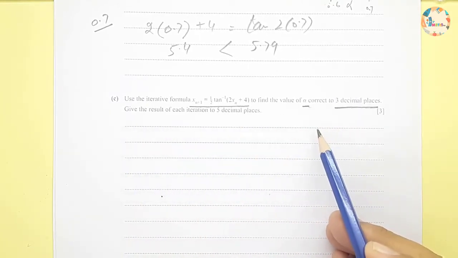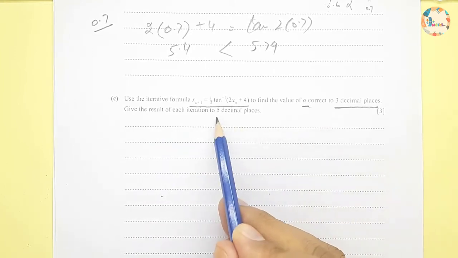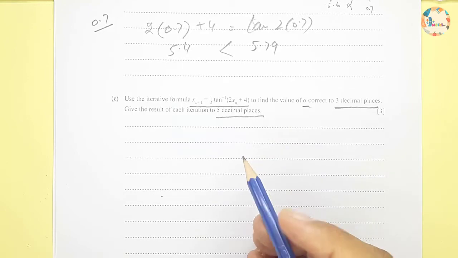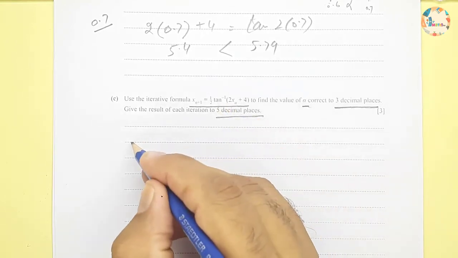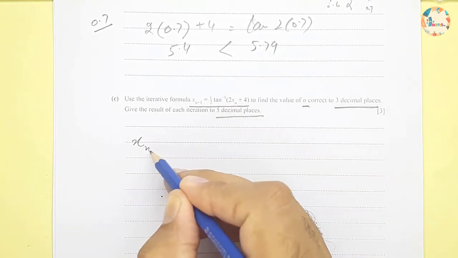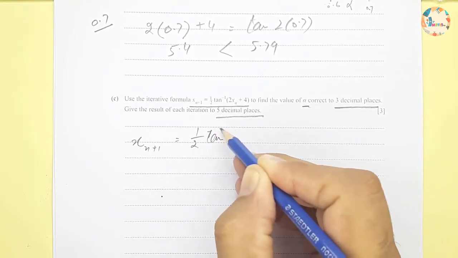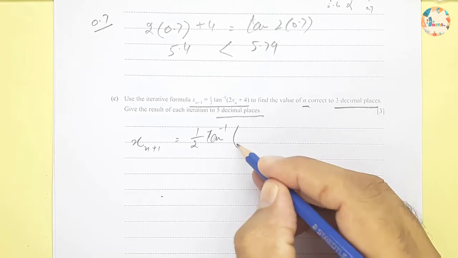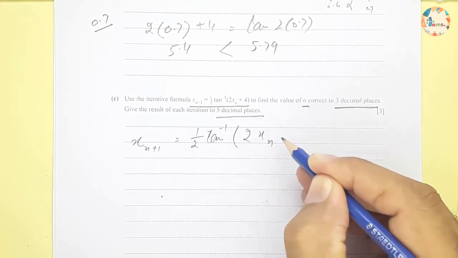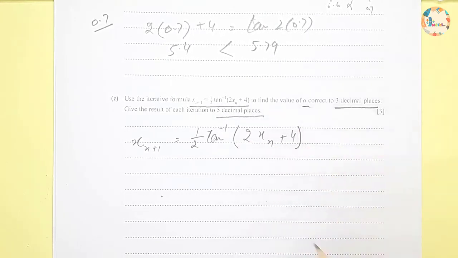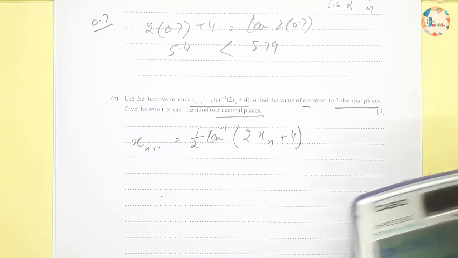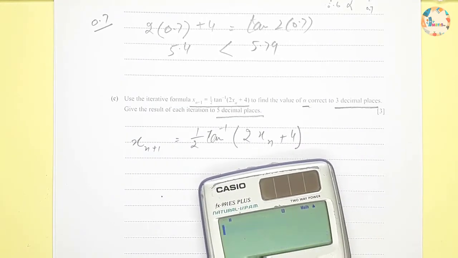Give the result of each iteration to 5 decimal places. So this is the formula, we can copy this formula. X n plus 1 is equal to 1 by 2 tan inverse of 2x n plus 4. So we will be typing this formula.